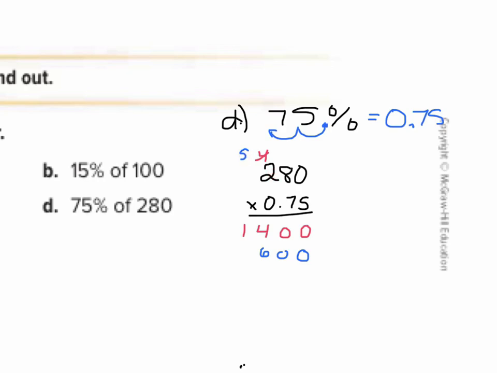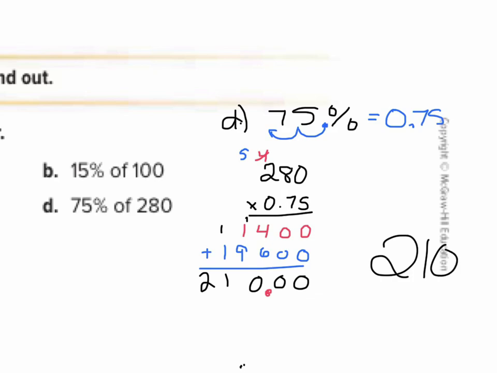Plus 5 is 19. Oops. And then as we add these, 0, 0, 10, 11, 2. We need two numbers to the right of the decimal point in our answer. And so we have two numbers to the right now in our answer. What is our answer? What is 75% of 280? 210.